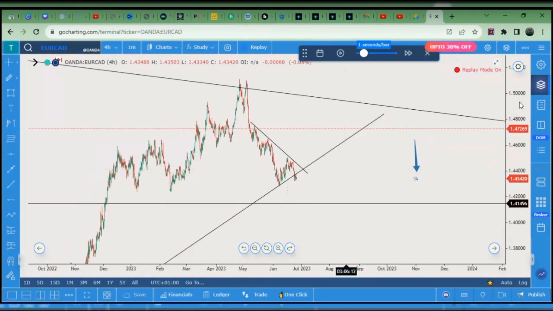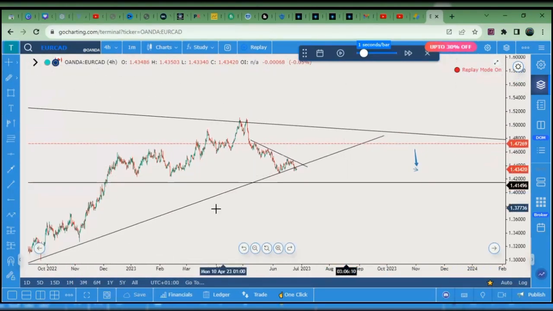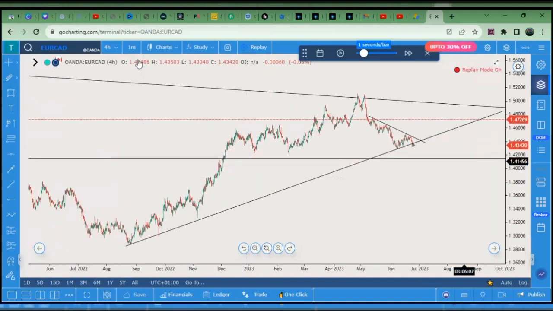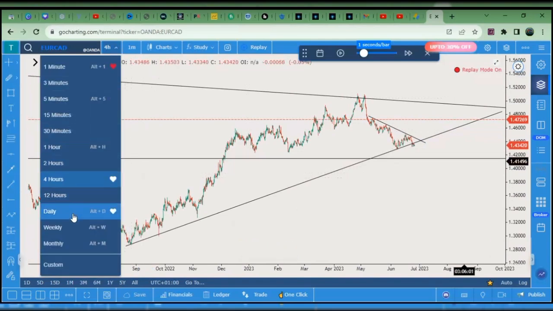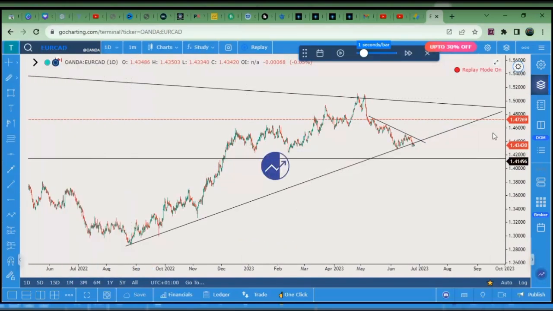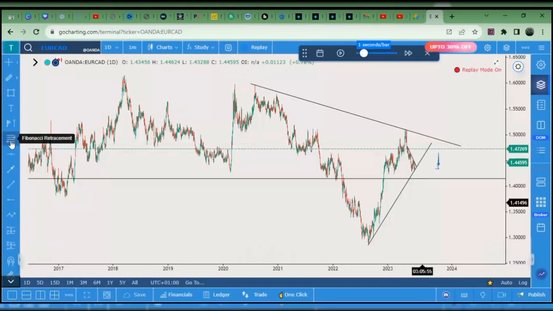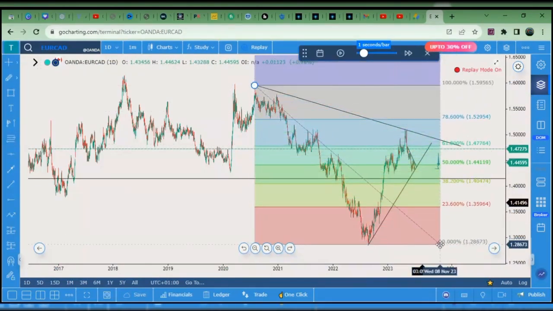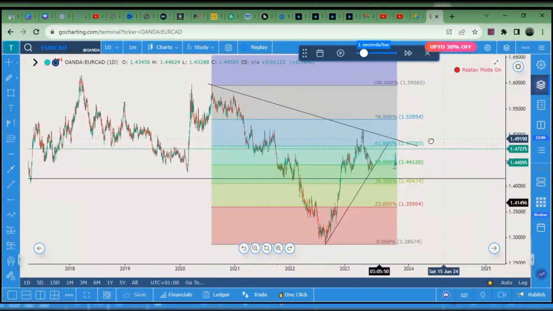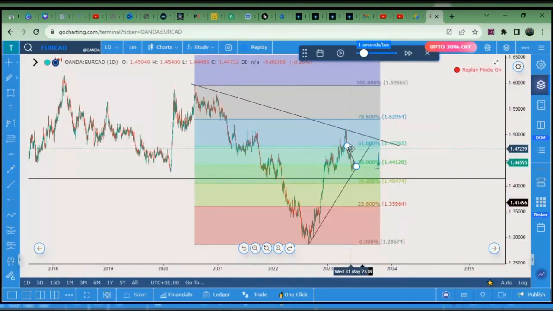On our daily time frame, we could see that price had hit a certain level of its pullback. Let's use the Fibonacci and see where this price is currently. According to the Fibonacci, it just broke through the 61.8 and fell back in, and it's currently sitting at 50%.